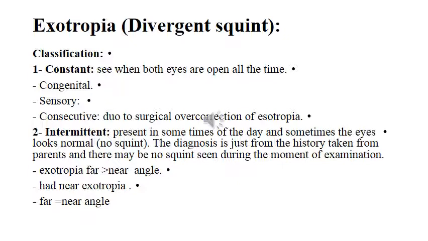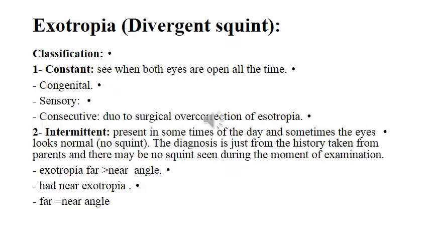We mentioned in the lecture a few notes about surgery: the recession and the resection surgery. By recession we mean weakening. So recession is a weakening procedure and resection is a strengthening procedure. In exotropia, we always go for weakening of the lateral rectus muscle so that the eye will converge slightly, while in esotropia, we always weaken the medial rectus muscle.